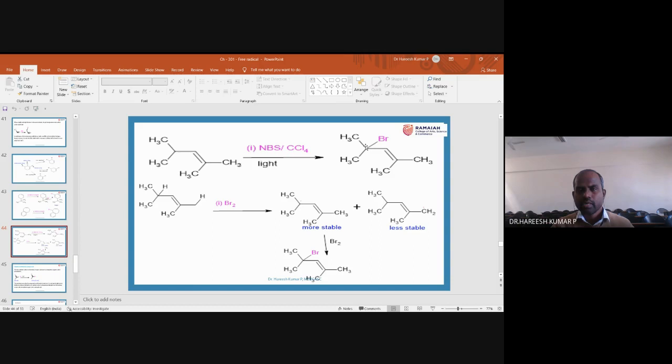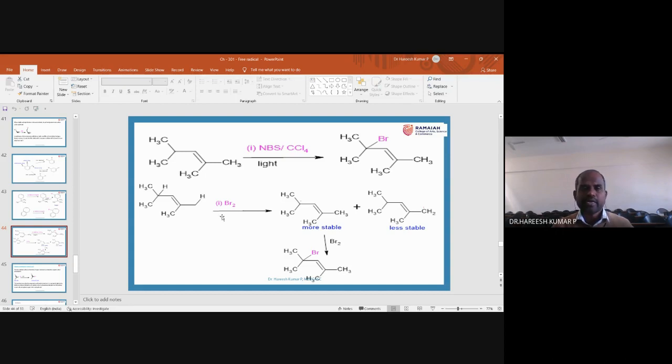Suppose in place of NBS, you take Br2 itself and subject it to irradiation. Irradiation means in presence of sunlight. In presence of sunlight, bromine undergoes homolytic cleavage, giving rise to Br radical.